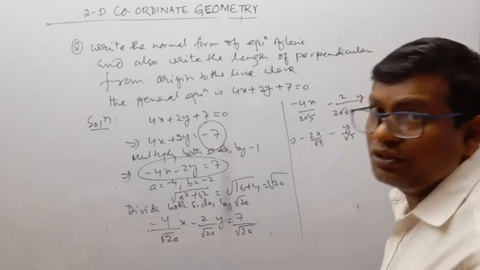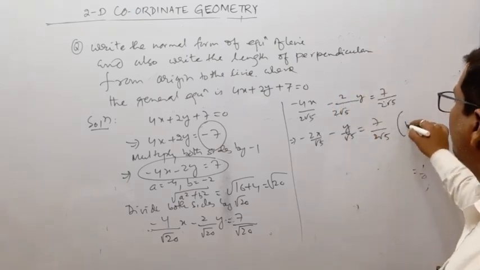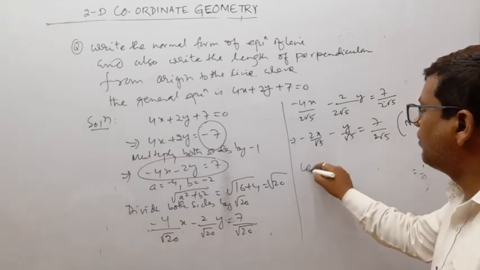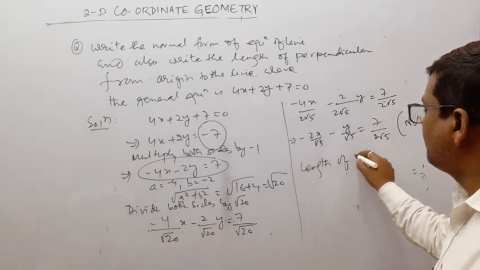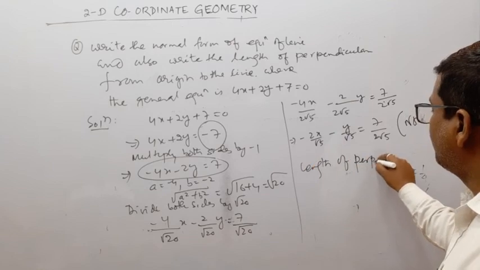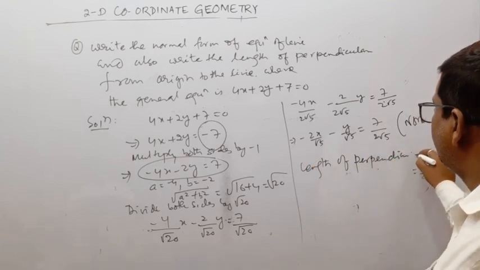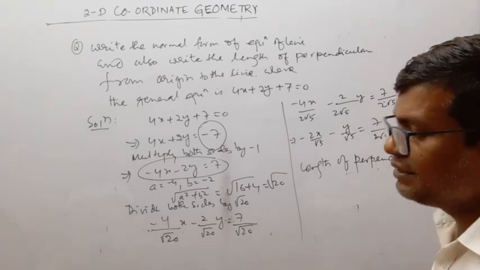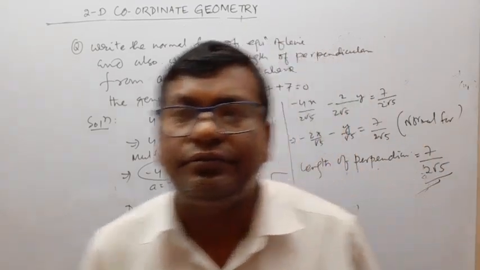This is the normal form. And the length of perpendicular is equal to 7 by 2 root 5. This is the answer.